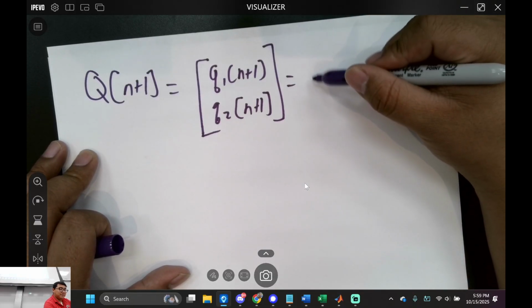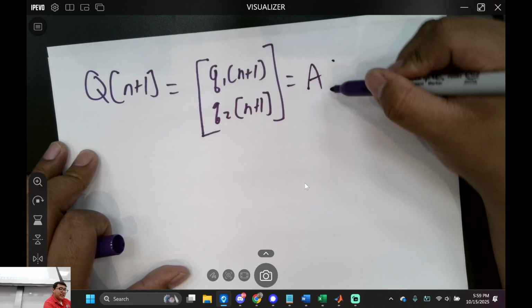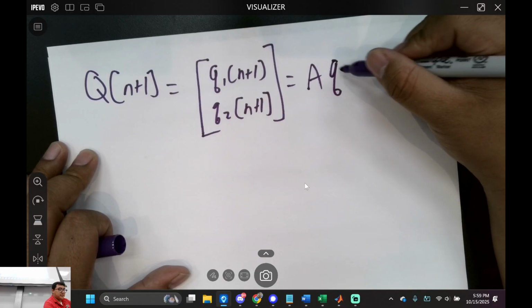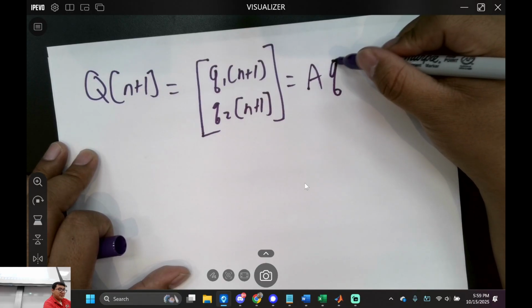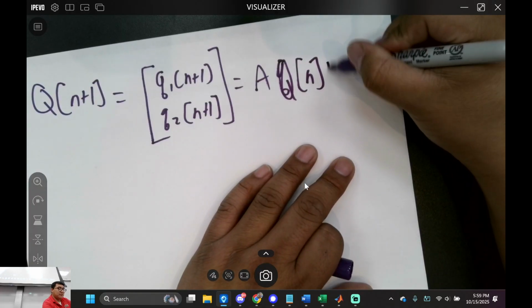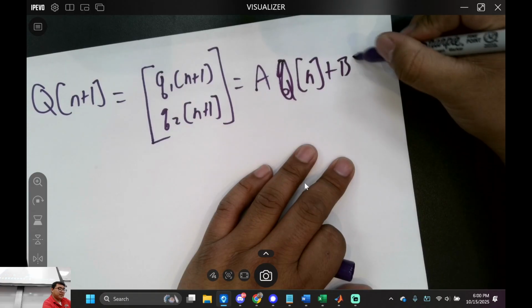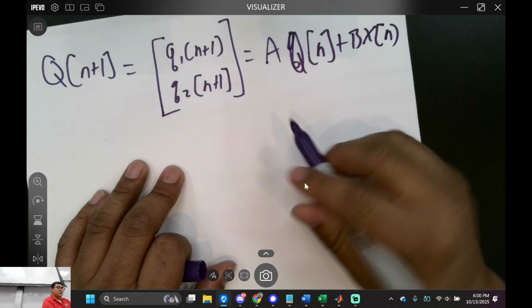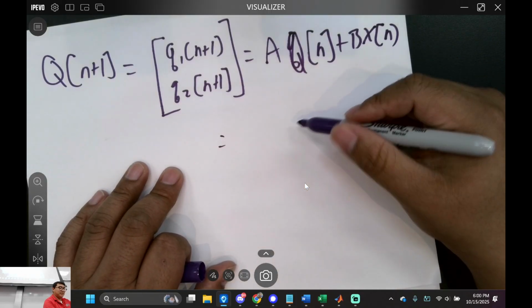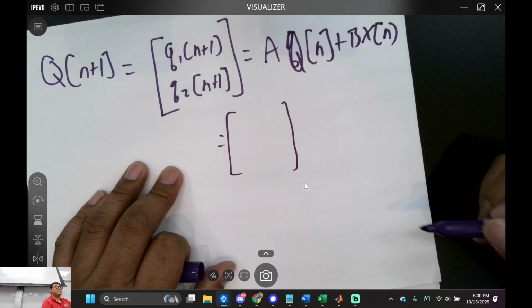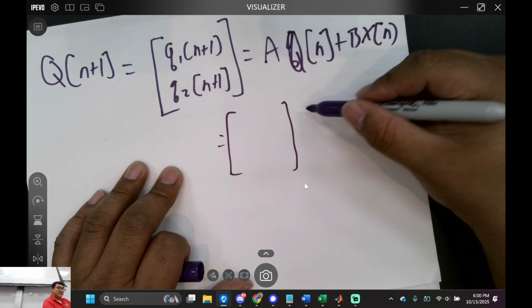My A, Q, or actually, not Q. Do I want to do that? I'll just do big Q. Q of n, right? Plus B of x of n. What's A? Or actually, better yet, I'm going to do A right there, okay? Just going to put it on the side, right? What's Q of n?